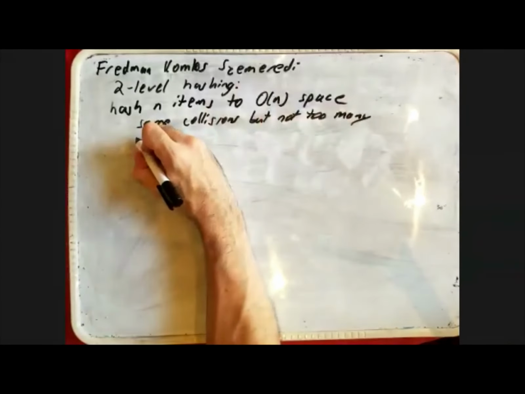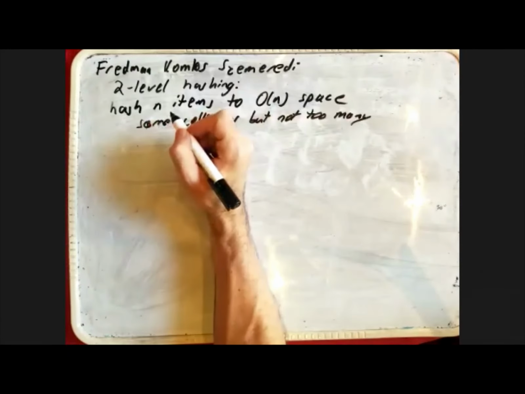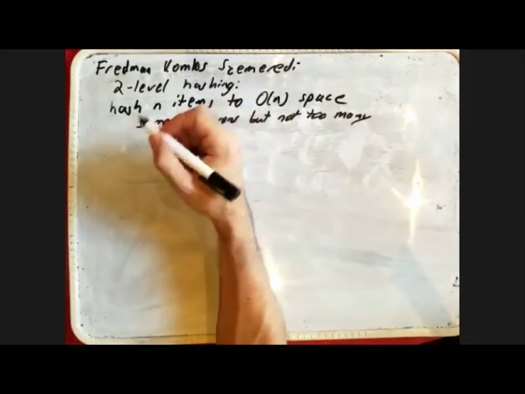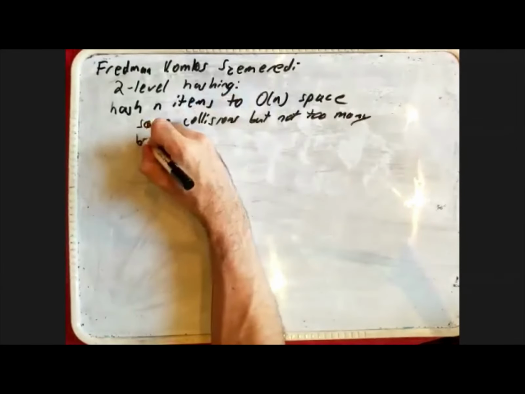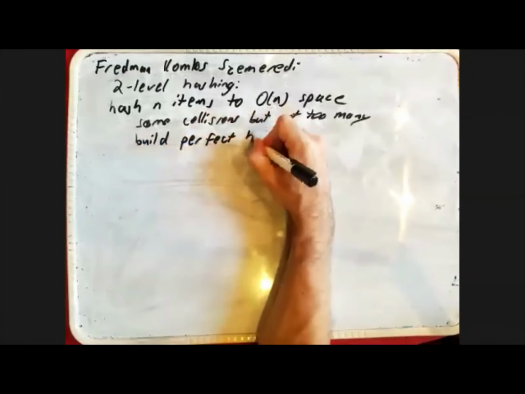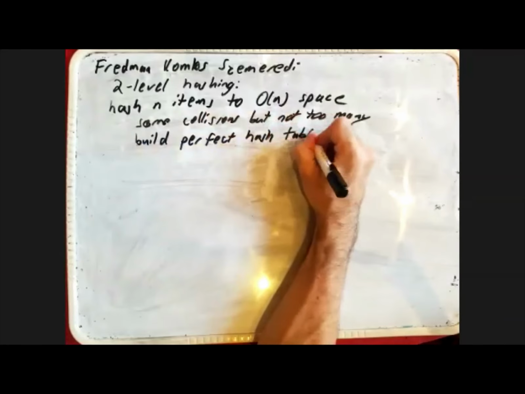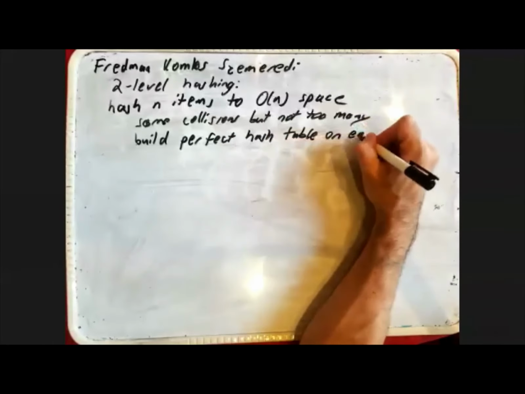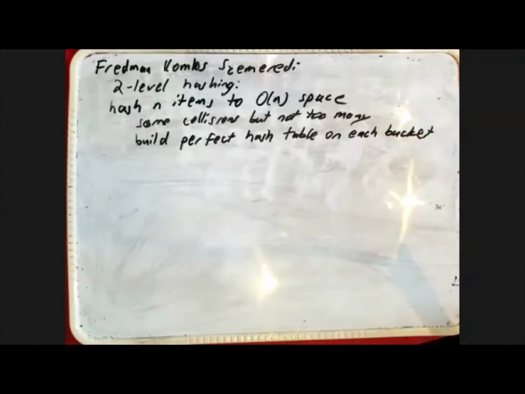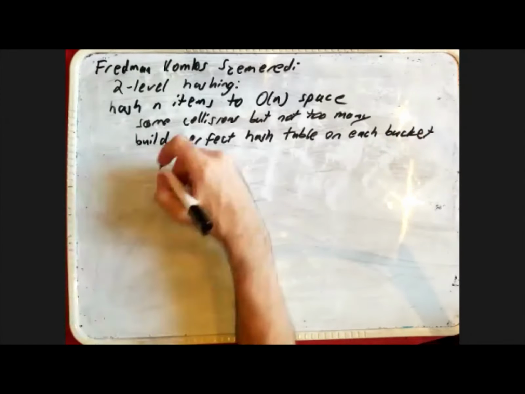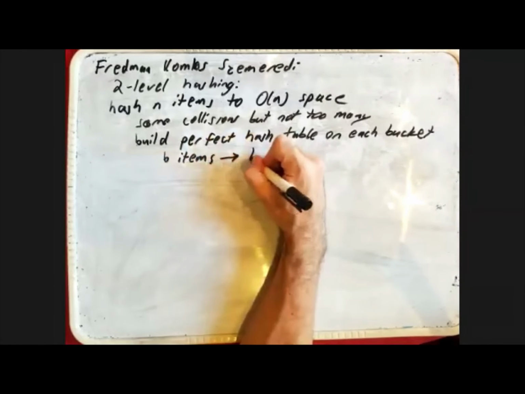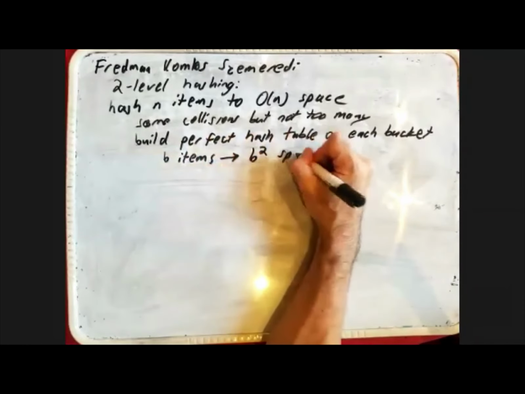And so that means that you need a lookup data structure in each bucket, right? We were previously talking about a linked list, but why use a linked list? Let's build a perfect hash table on each bucket. If we have B items in the bucket, then we will use B squared space in order to make it perfect.